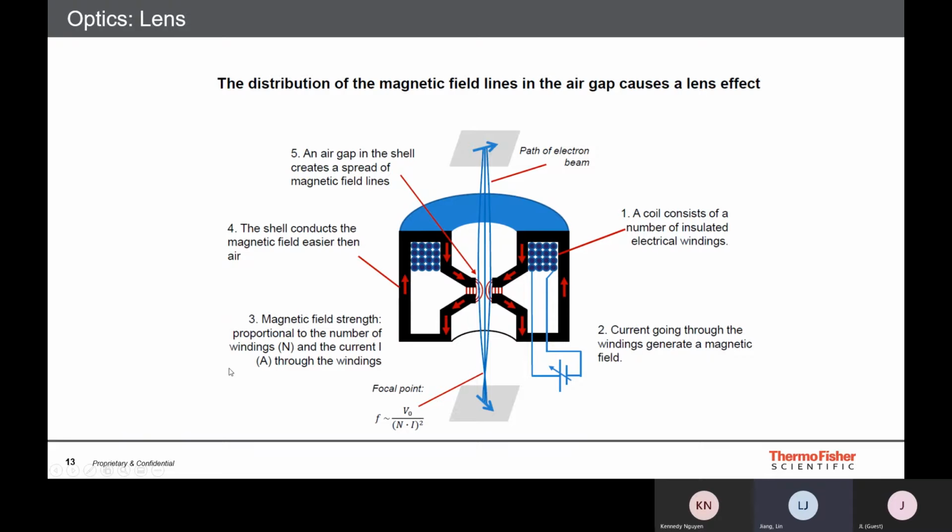So magnetic strength is proportional to the number of windings and the current. The larger the magnetic field you have, the shorter the focal point you're going to have. So the focal point is proportional to the voltage, and to the number of windings and the current strength.